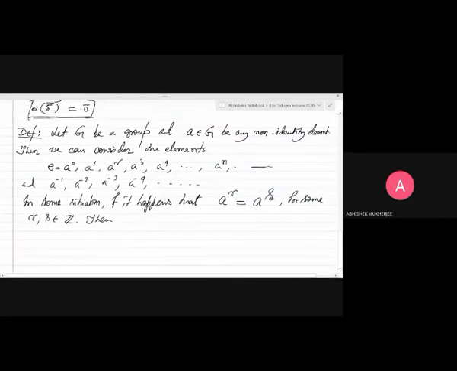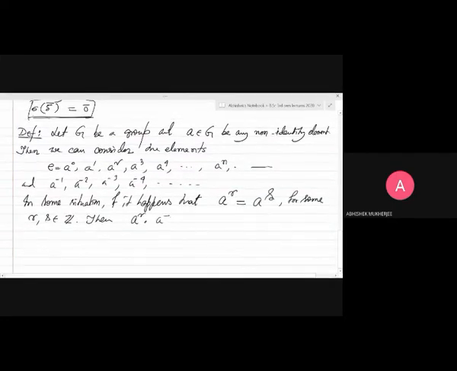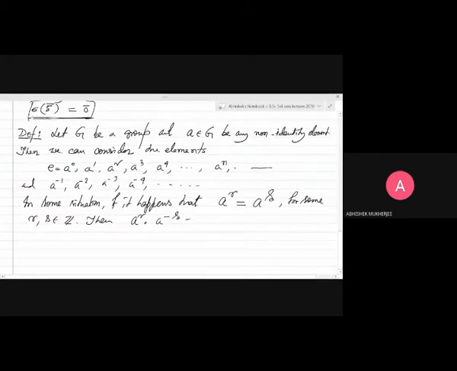So a to the power r equals a to the power s means a to the power r dot a to the power minus s equals a to the power s dot a to the power minus s.